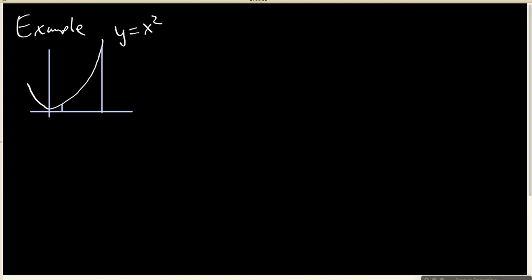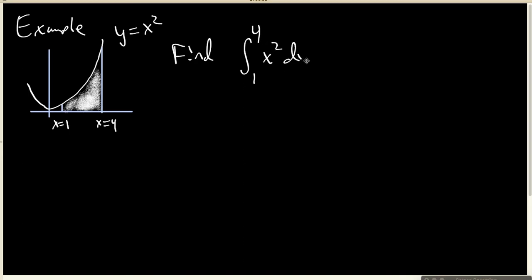And this line is going to be at x is equal to 1, and this will be at x is equal to 4, and I want to find this area. So I want to find the integral between 1 and 4 of x squared dx.